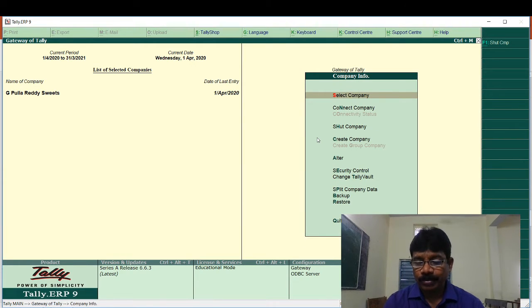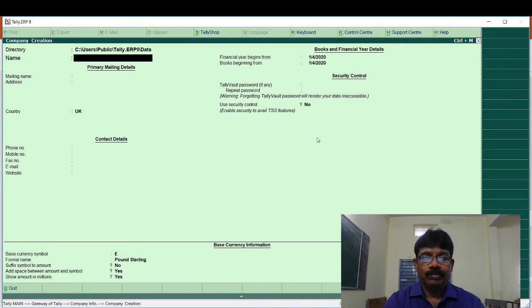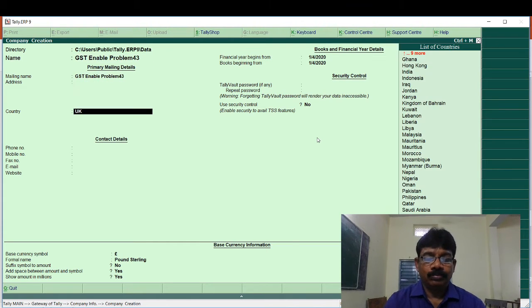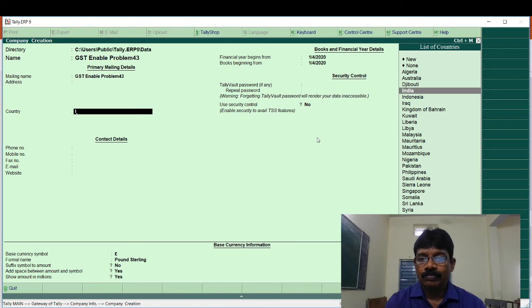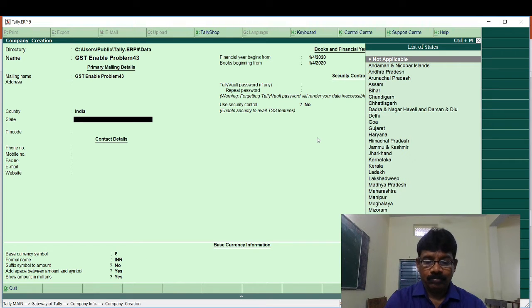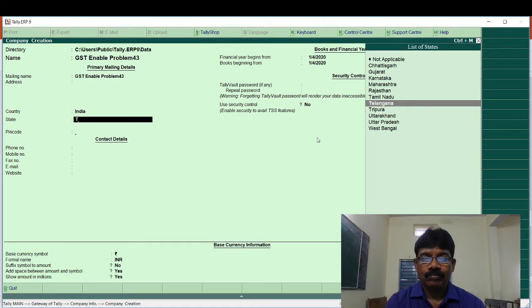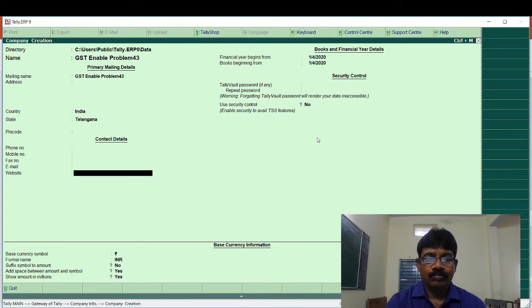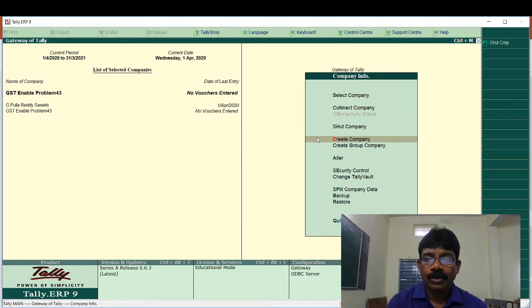Alt F3 for new company, GST, country India. Once we have created it, we have to enable the GST features.